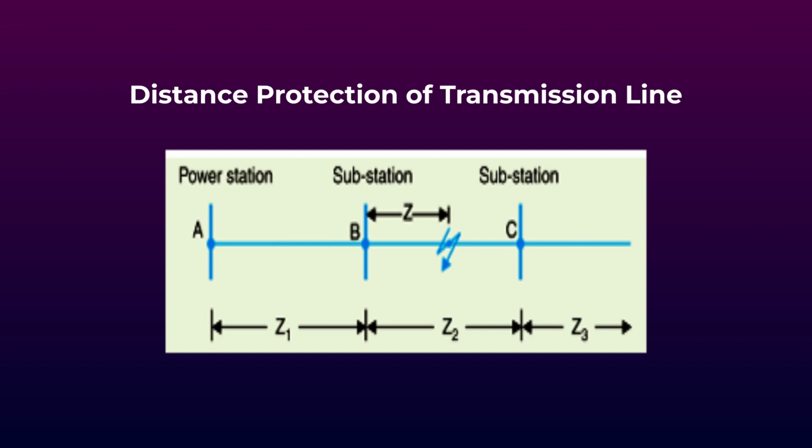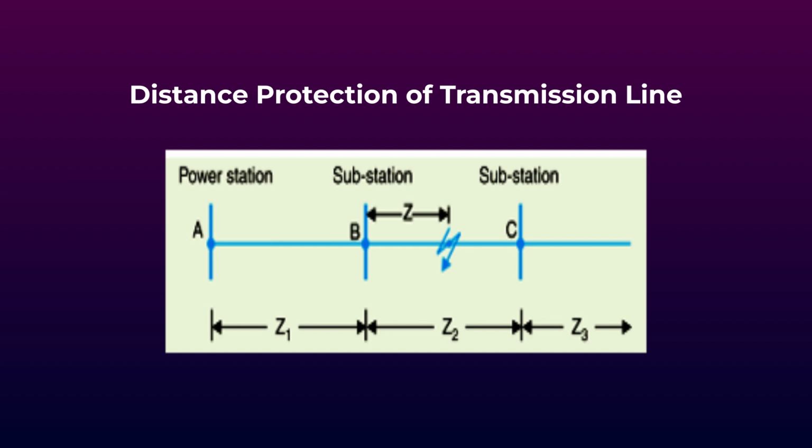So, it is clear that only relay B will operate because relay B is set for Z2 impedance, but here it measures Z, which is less than Z2. So, only relay B will operate. Similarly, if a fault occurs within section AB, then only the relay at point A operates, because relay A is set for impedance Z1.